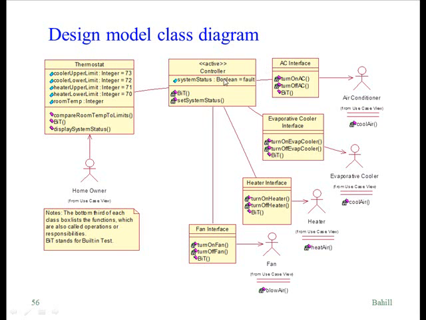And then the controller is going to interact with the AC interface, the evaporative cooler interface, the heater interface, and the fan interface. And each interface is actually connected to the actual component. So you can think of these actors here as physical components.